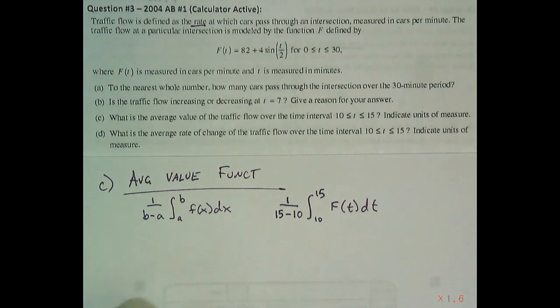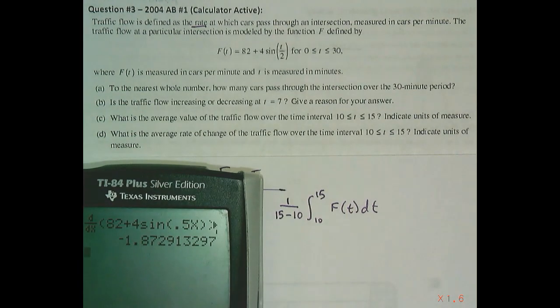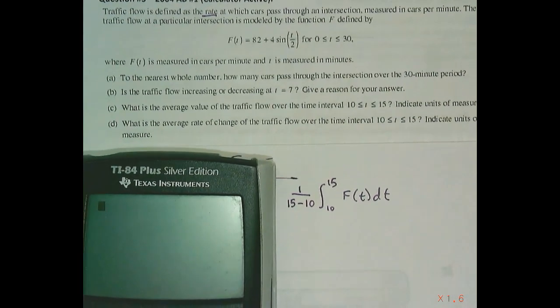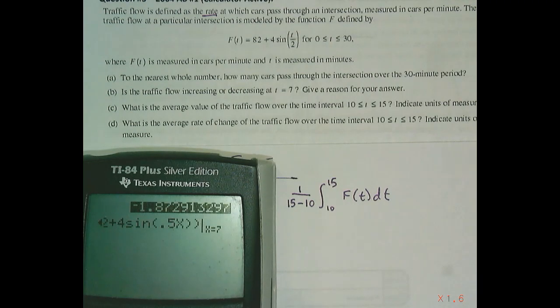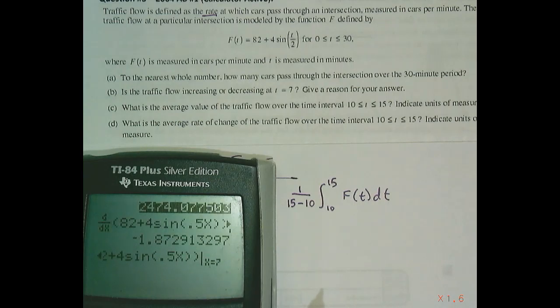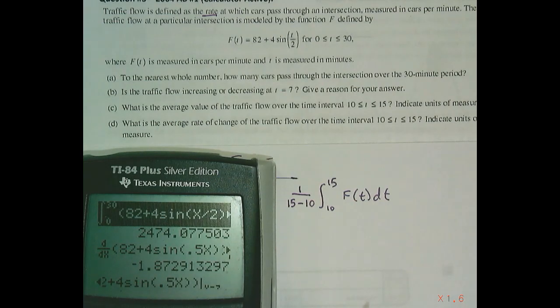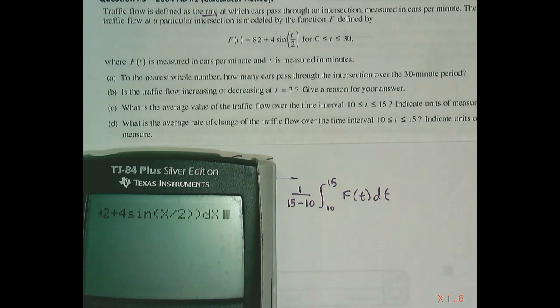Again, we're evaluating an integral, and it's much easier to do that with a calculator. I've already evaluated the integral, so I can press second entry or scroll up until I find my integral. There it is, and I edit the boundaries instead of 0 to 30. I can have the boundaries be 10 to 15.